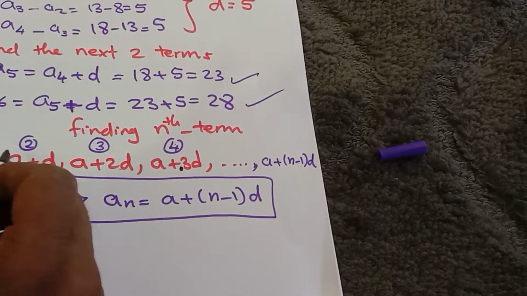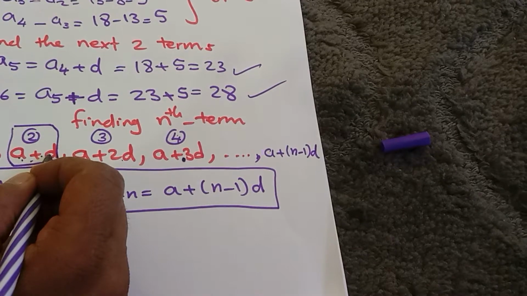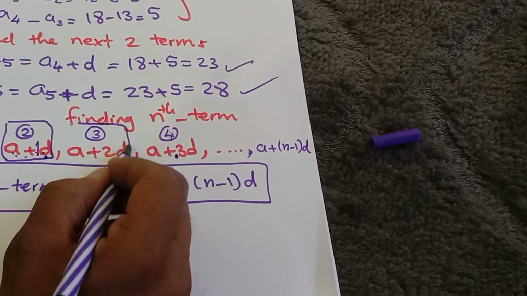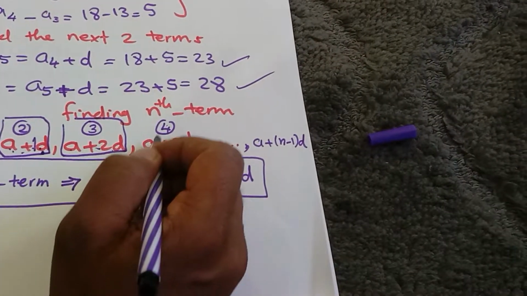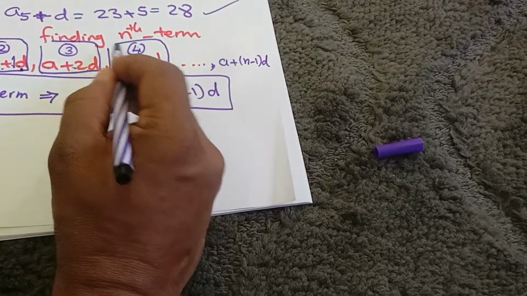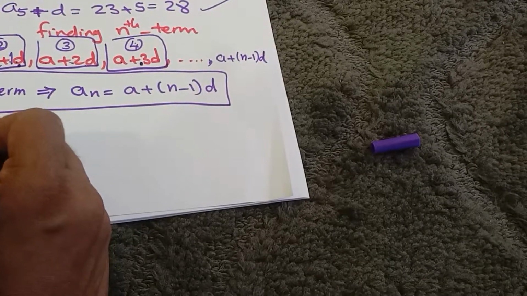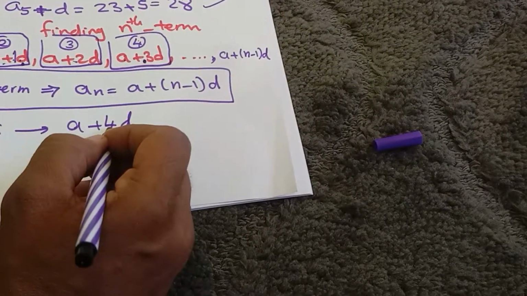Now if you take a look, the second term is a plus 1d. The third term is a plus 2d. The fourth term is a plus 3d. So the fifth term should be a plus 4d, that is 5 minus 1.